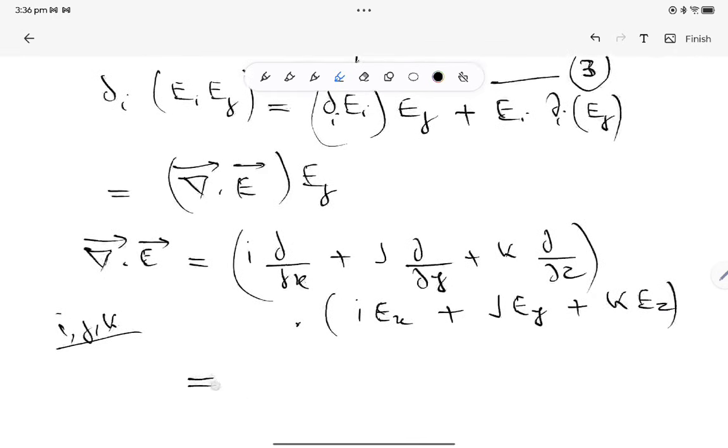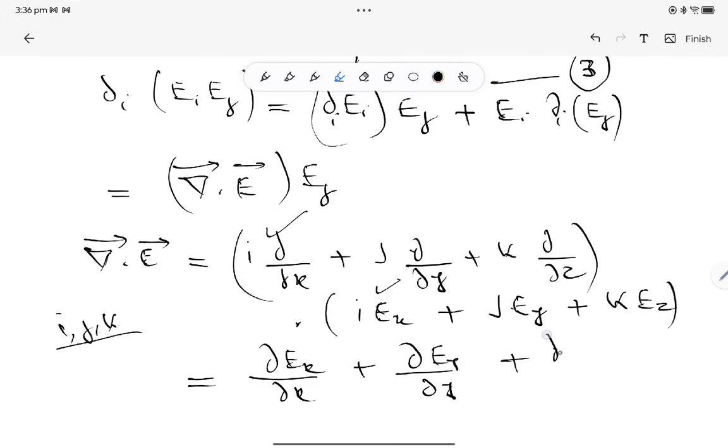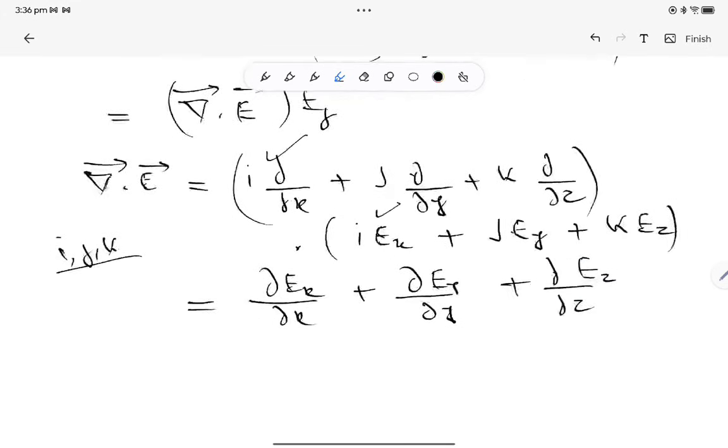See what it is. This is simply, i with i, that is del by del x of E_x, plus del by del y, this with this, E_y, plus del by del z of E_z.